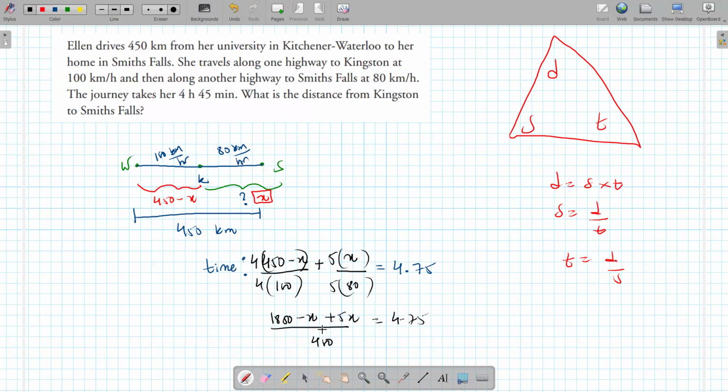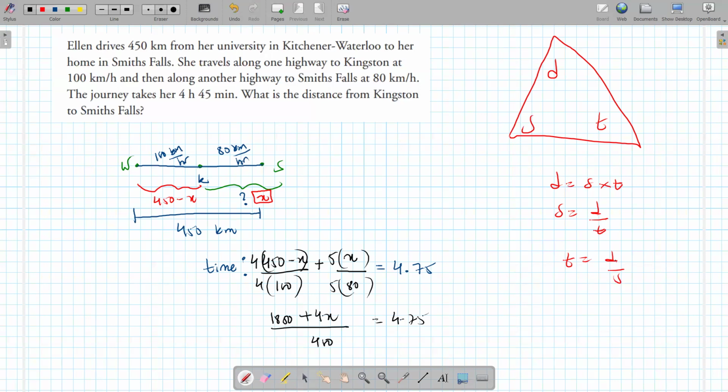Negative x and 5x, they are like terms. So that will become positive 4x. Right, this is what we have right now. How do we solve this equation for x? You multiply by 400.